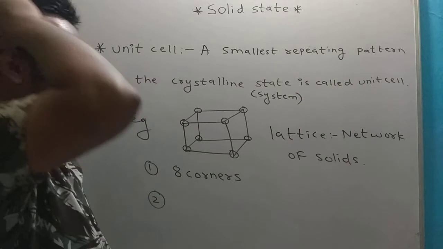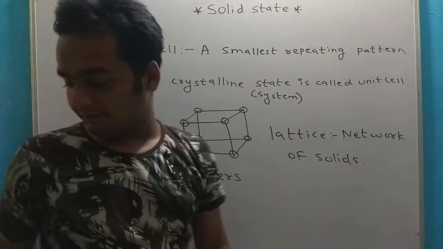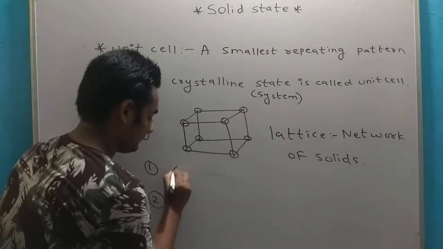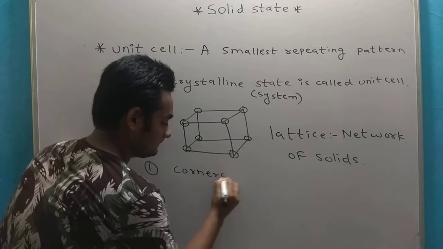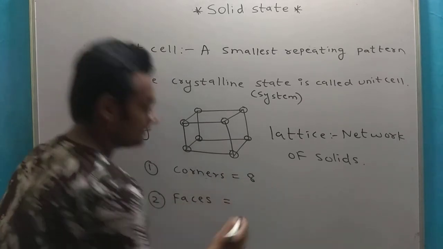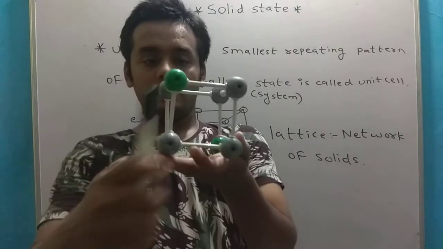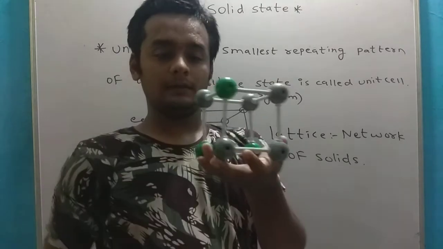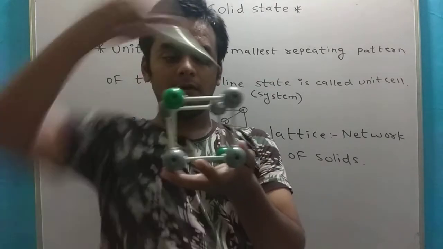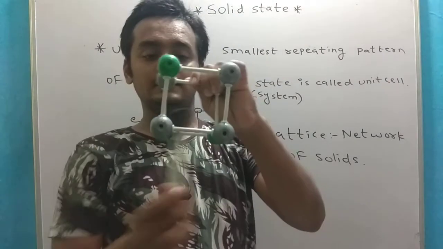Next, how many faces are there? Corners, how many? 8 corners. How many faces are there in this? 1 2 3 4 5 6.